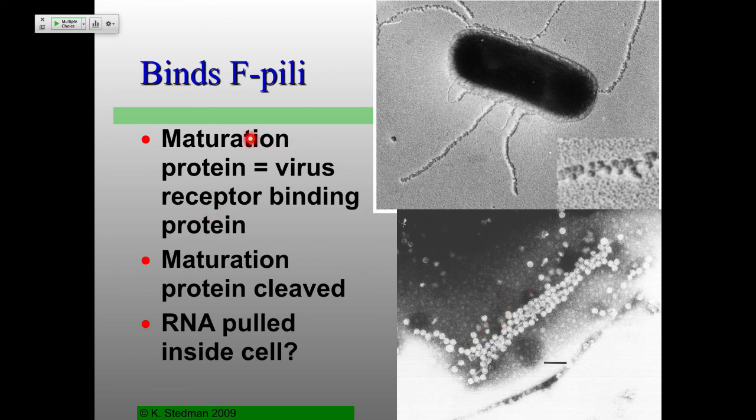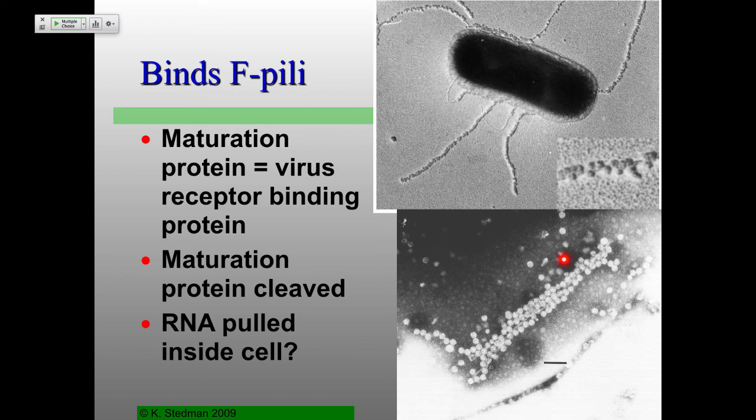So maturation protein is the virus receptor binding protein. Turns out it gets cleaved probably by cellular proteases. How this virion actually gets inside the cell is not completely obvious. Probably when the F-pili contracts, which is what it does when you're pulling two E. coli cells together, it probably just pulls the whole virion inside the cell.